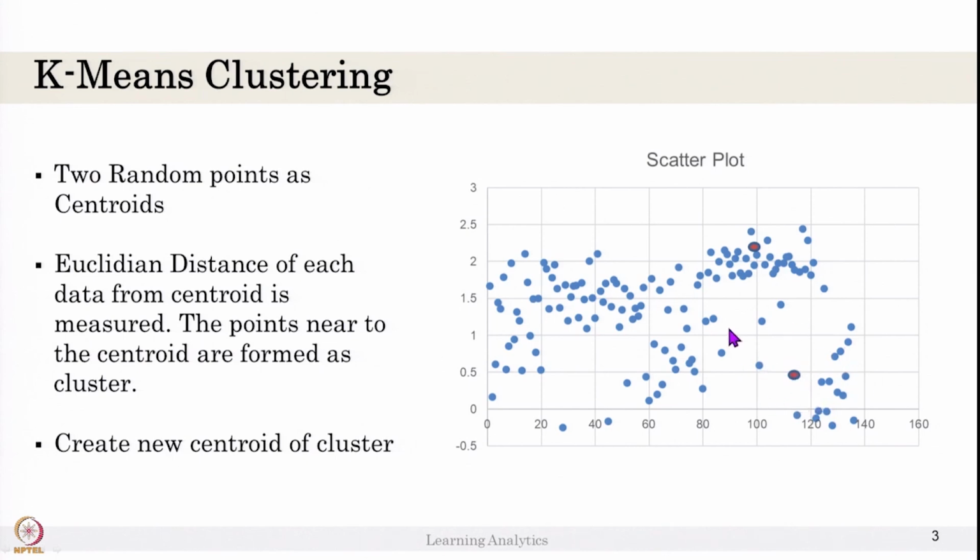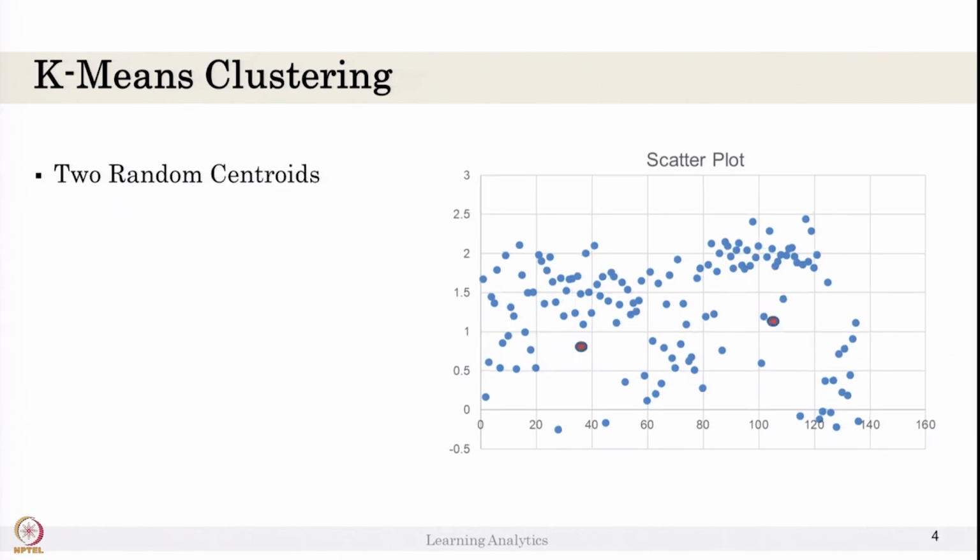After creating 2 clusters, it again identifies the mean of all these values, and the mean value becomes the centroid of the new cluster. Then it iterates further until it reaches the convergence point, and then it creates the 2 clusters.